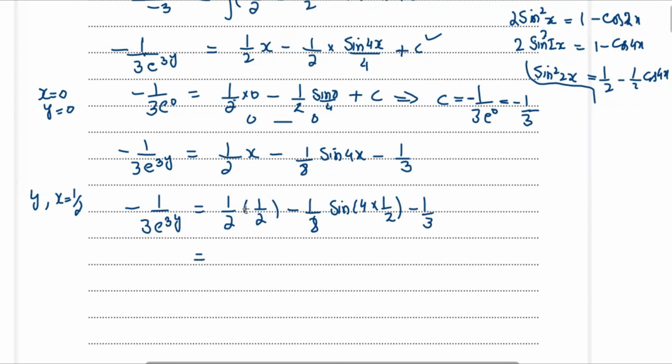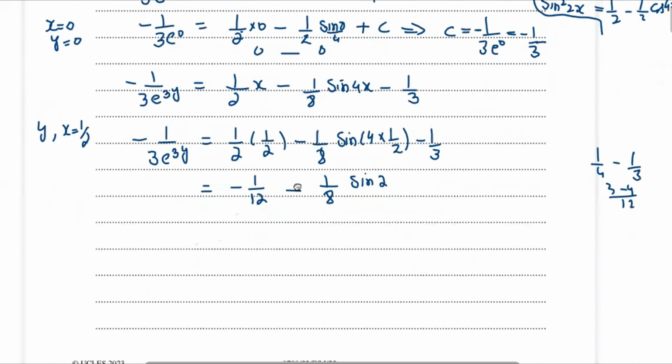Now we can write it as 1 over 4 minus 1 over 3. That is equal to minus 1 over 12. Now you see here, and same is minus 1 over 8 sine 2.